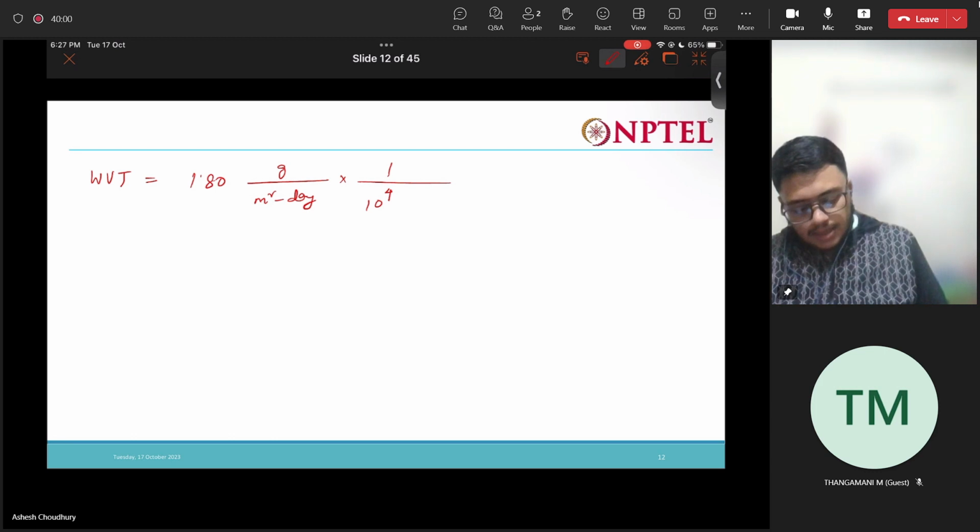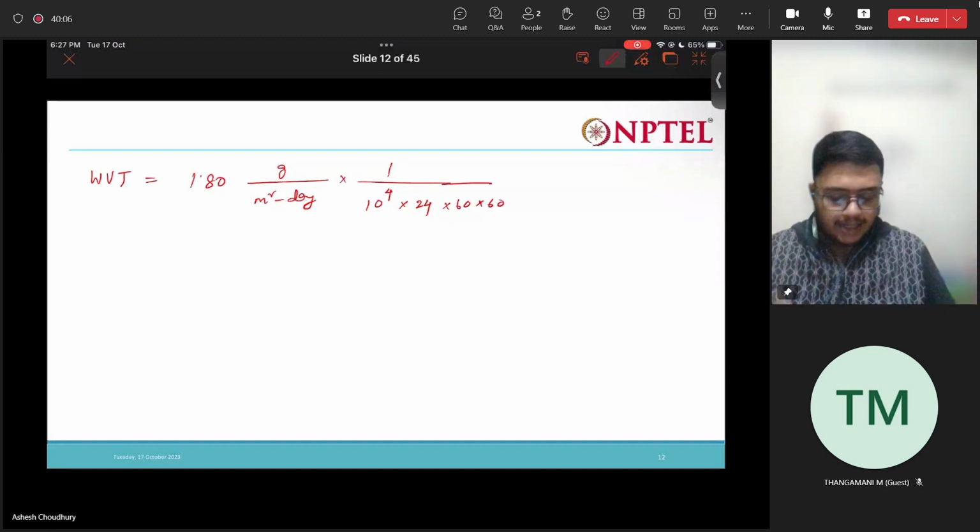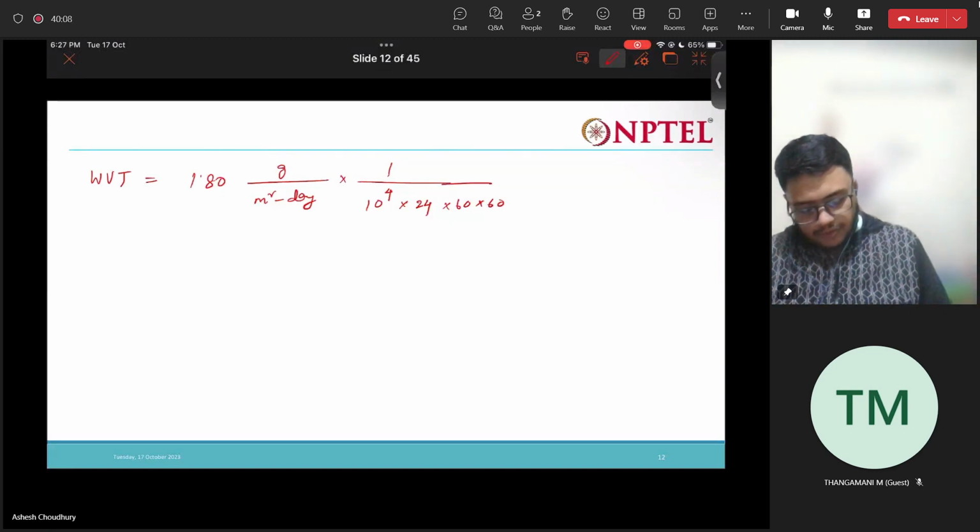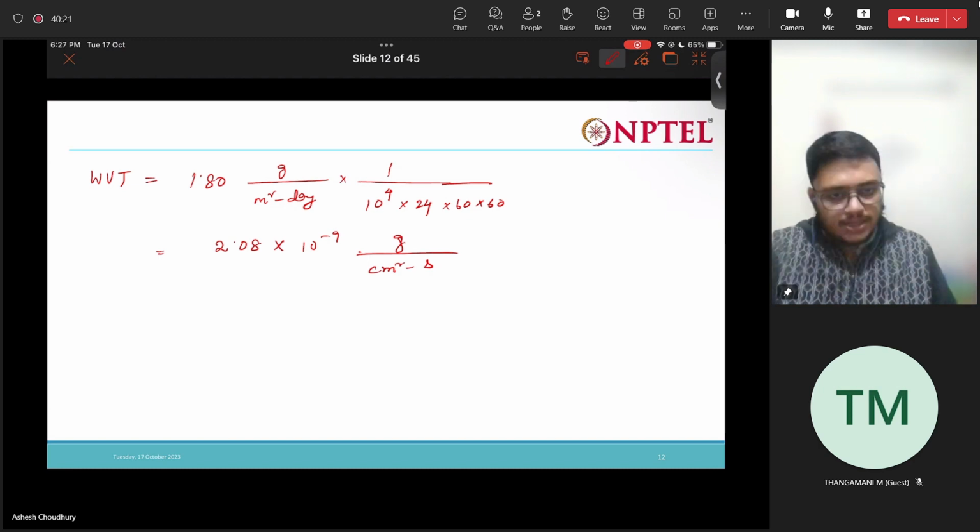Then 24 into 60 into 60 changes it to seconds, right? So if we do this, we will get 2.08 into 10 to the power minus 9 gram per centimeter square second. So meter square day we have converted to centimeters.